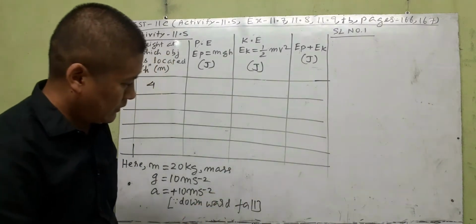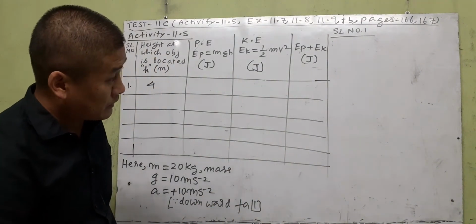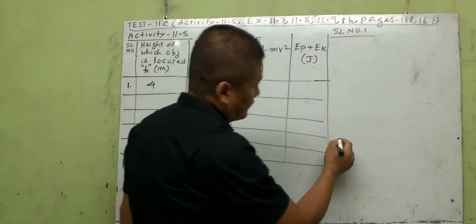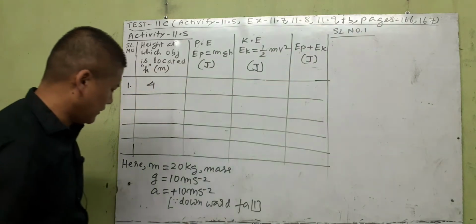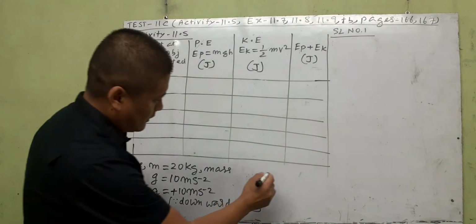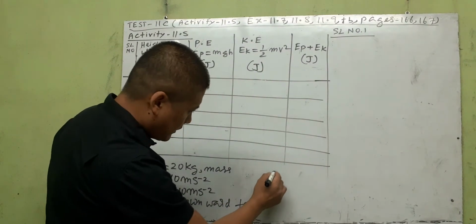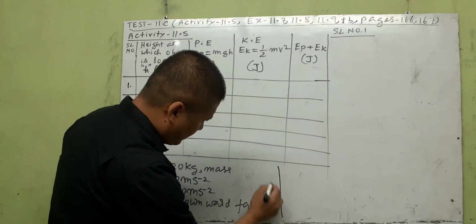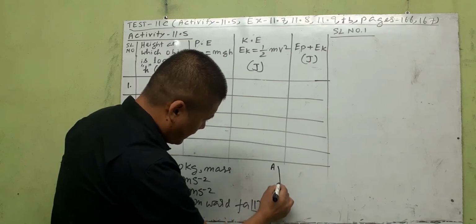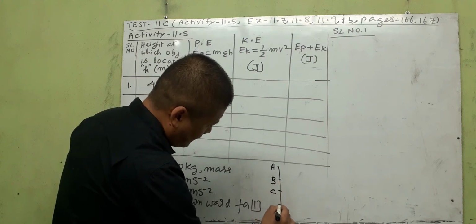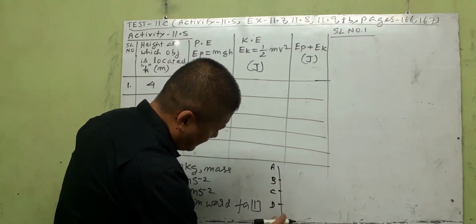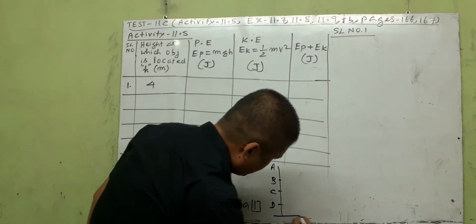Now let us draw a figure to help us here. Maybe we can draw it here. Space is a little bit cramped, but anyway, okay, here let us try. So let us say this is the object that is dropped from top A, here B, C, D and E, here ground level. So this is the ground level.